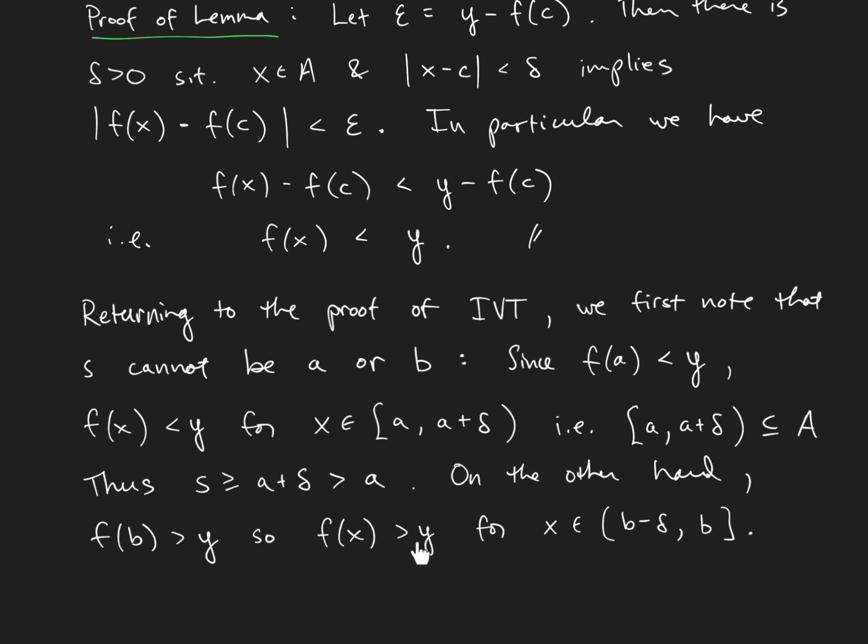Right, again, we can extend this inequality throughout a small neighborhood of b. So what this means is that this interval, b minus delta, b, has no points of A in it, right? By definition, A is everything that maps to be less than y, and everything in this set maps to be greater than y.